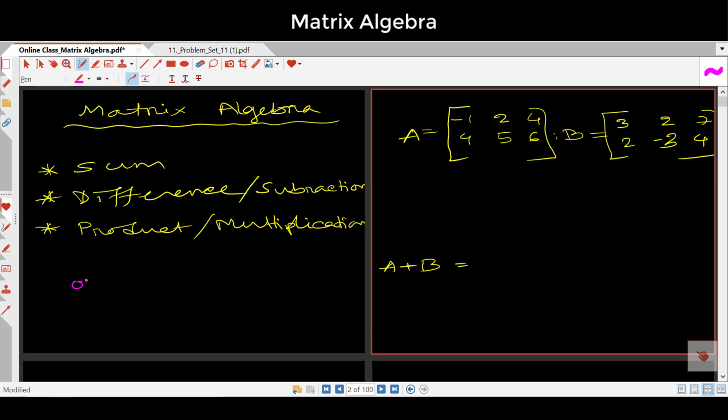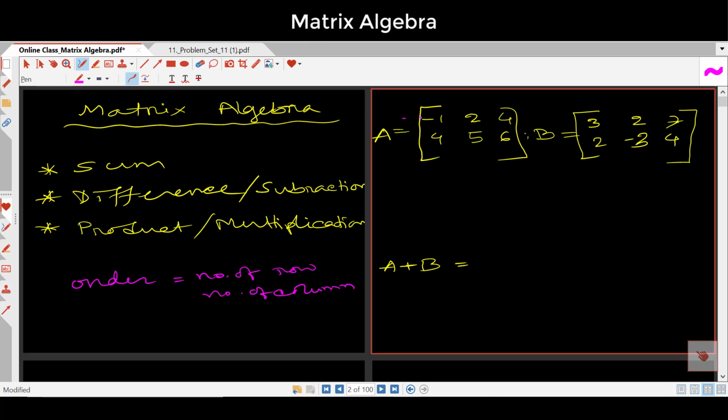Order means the number of rows and the number of columns that are present in a matrix. You can see that this matrix has 2 rows and 3 columns, so its order is 2 by 3.